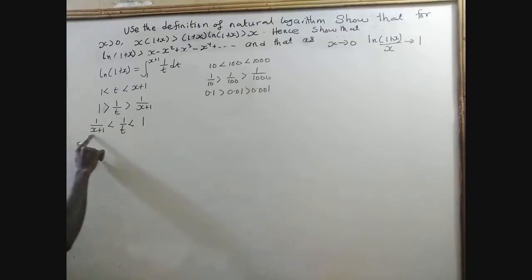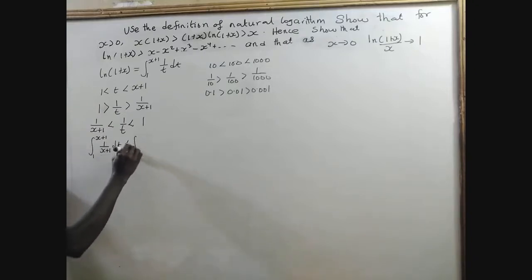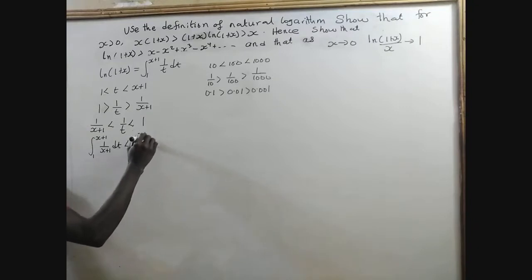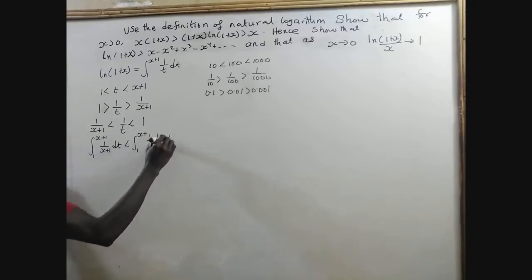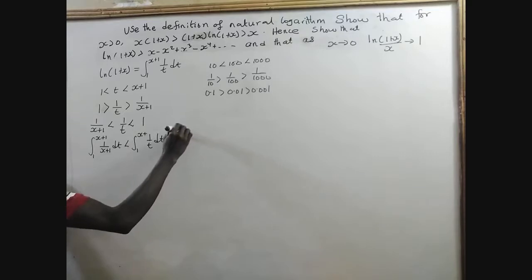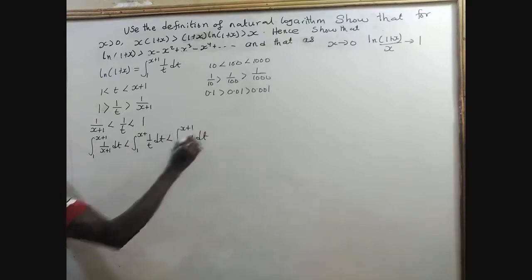Now let's integrate by integrating each term with respect to t from 1 up to x plus 1, because t lies between 1 and x plus 1. So you have the integral of 1 on x plus 1 dt, which is less than the integral of 1 on t dt, which is less than the integral of 1 dt.